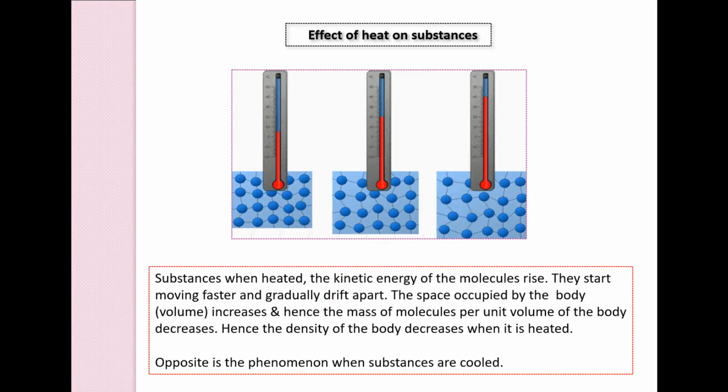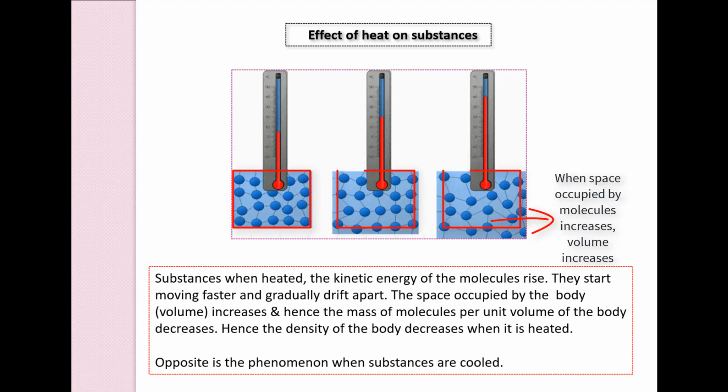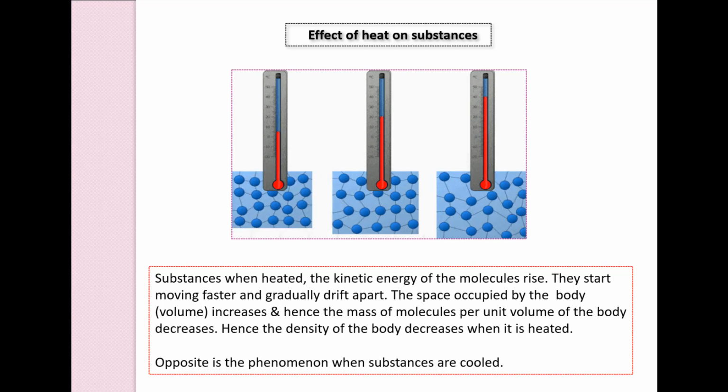Now we have already seen that volume is the space occupied by a body. What happens is when the space occupied by the molecules increases, the volume gradually increases. As you can see, there is an increase in volume in the second and the third figure compared to the first figure.